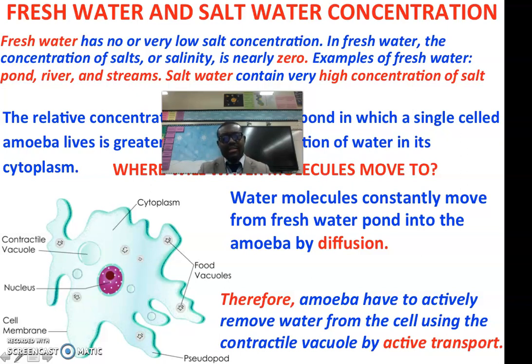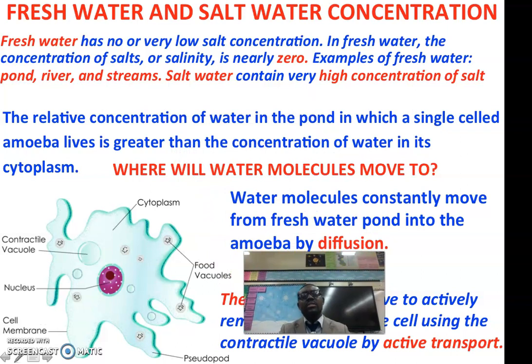So let's look at this. It says the relative concentration of water in the pond in which a single-celled amoeba lives is greater than the concentration of water in its cytoplasm. What does it mean? It simply means that the concentration of water in the pond is greater than the concentration of water in the cytoplasm.